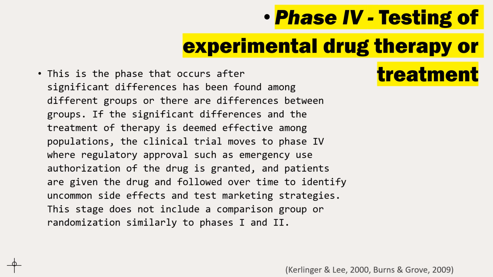And the patients are given the drug and followed over time to identify uncommon side effects. It also tests marketing strategies, that is, ways in which we can get the drug to people to see how effectively it's working among them. And this stage does not include a comparison group or randomization, so in that sense it is similar to phase 1 and phase 2.